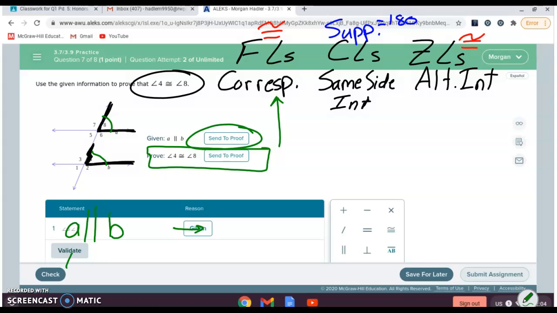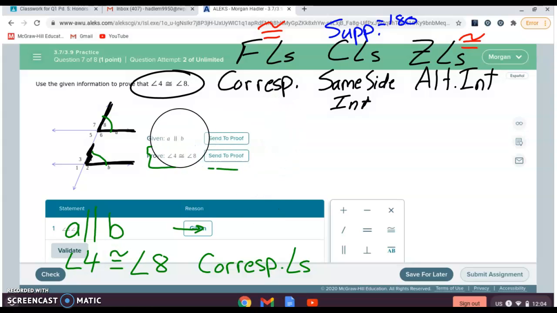You can now say that angle 4 is congruent to angle 8, and the reason would be something to do with corresponding angles. I don't really know exactly how they word that in their drop-down option, but that'd be the reason, and then you're done. So for number 7, that's all you're doing. It's just those two statements: the given, and then you can go right into saying that 4 is congruent to 8 by corresponding angles.